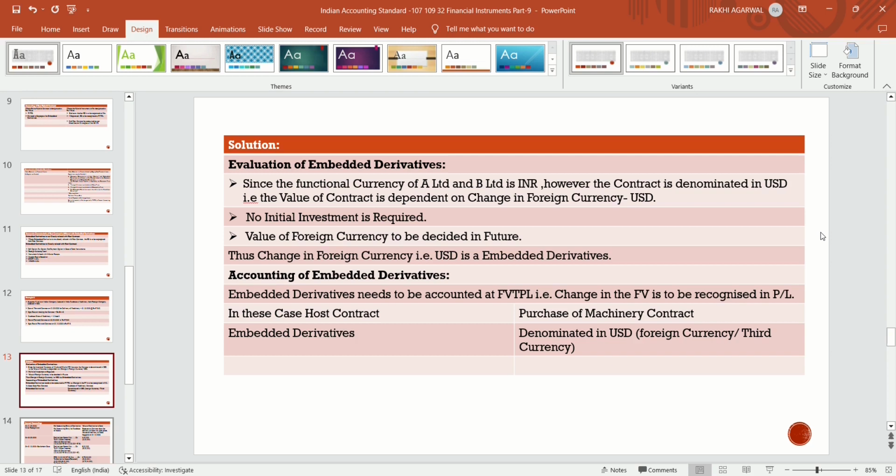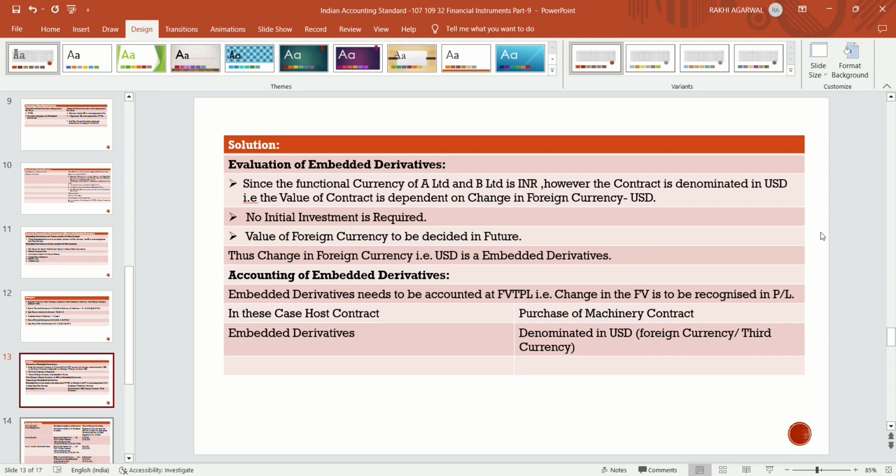Thus, the change in foreign currency, that is USD, is an embedded derivative because there is one contract to purchase a machinery, which is a non-financial asset, that is PPE, and derivative is a topping on that contract, because it is denominated in foreign currency, and that foreign currency depends on the foreign market rate which fluctuates, and because no initial contract amount is paid and settlement happens at a future date.